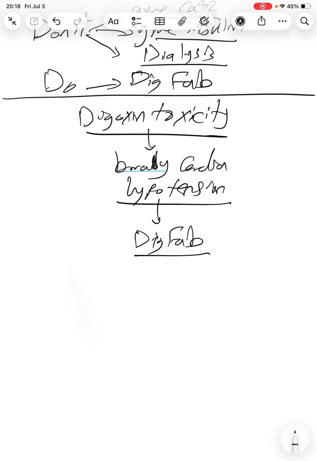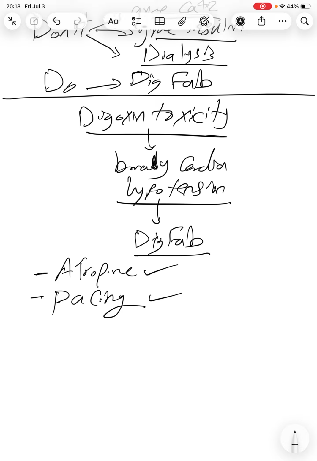The question here: can you give atropine? Yes, you can give atropine. Can you start pacing, if you are waiting for Dig Fab and the pharmacy will take time to send it? Yeah, you can try pacing, but you should be so careful.